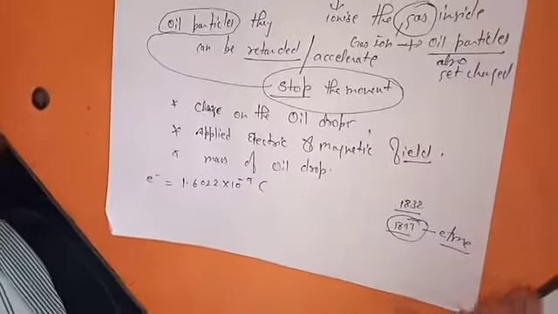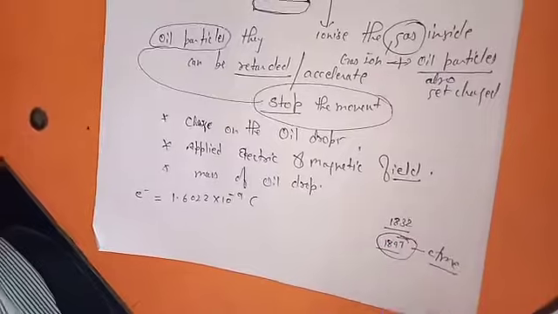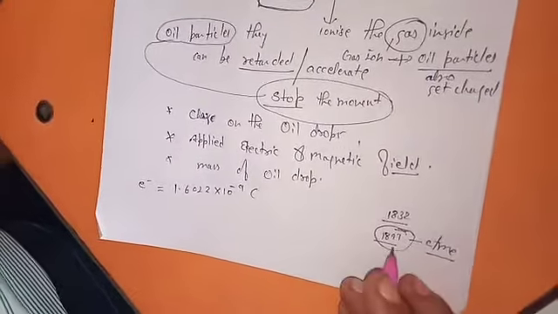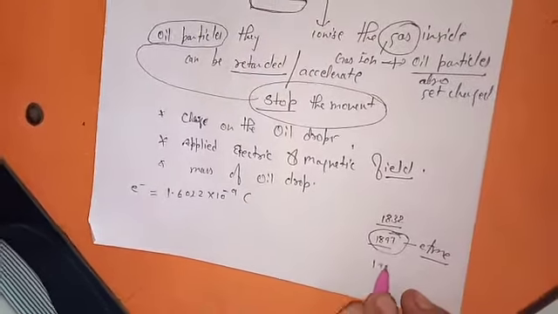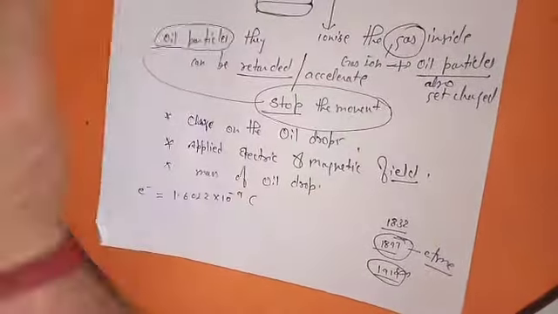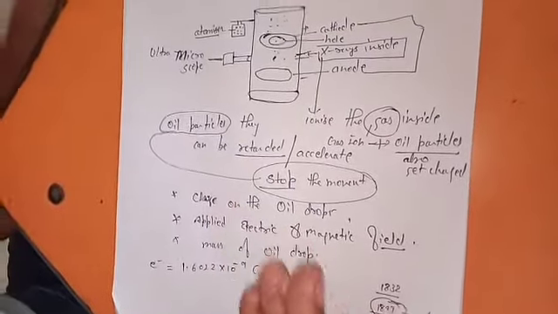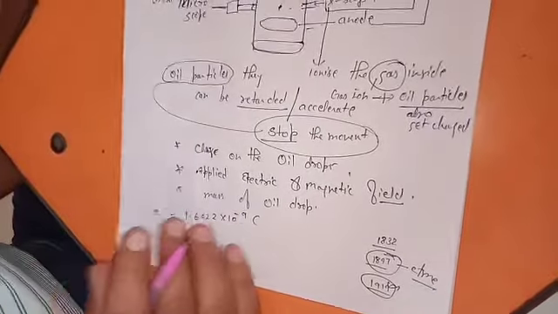In 1898 he gave a model as well, but that model lacked many things. We will discuss that model as well. Millikan carried out the charge experiment around 1919. So in the whole process, first we got to know that charged particles exist, then we discussed how to calculate the charge by mass ratio, then we calculated the charge. This whole thing took almost a century.